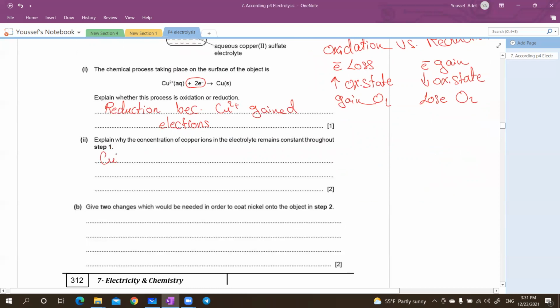So the copper ions, Cu2 plus ions, are formed at the anode with the same rate of removal at the cathode. So this is why the concentration of the copper ions didn't change.